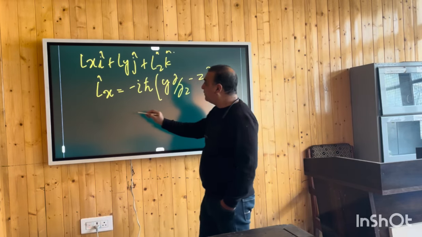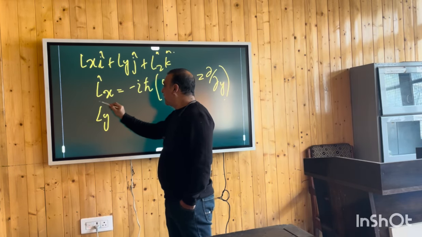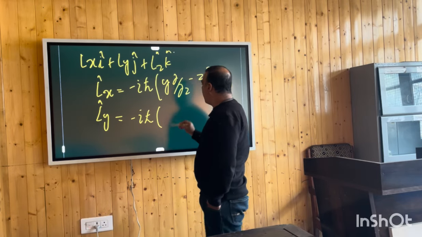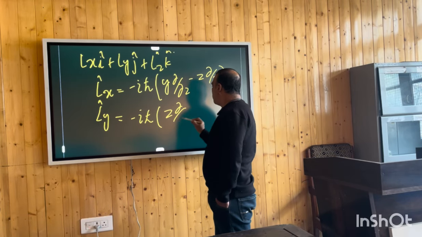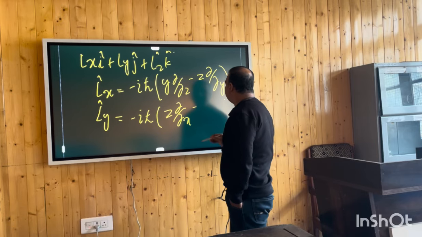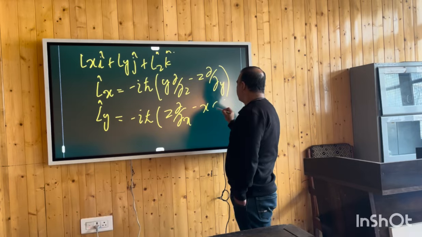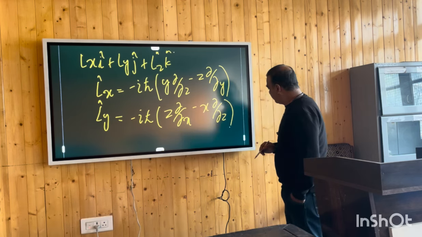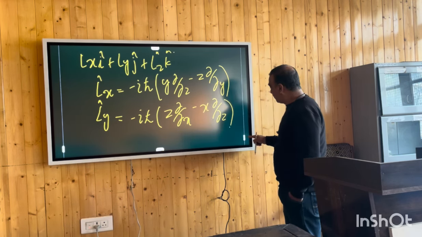And similarly, we will have for Ly. For Ly, I'll have minus i h bar, and I'll have (z dou by dou x minus x dou by dou z). So this is another operator for angular momentum.